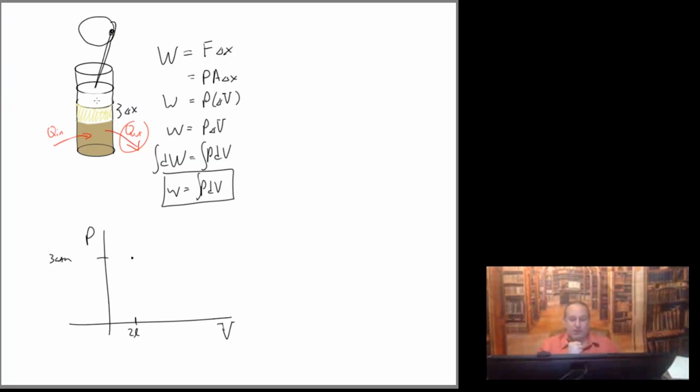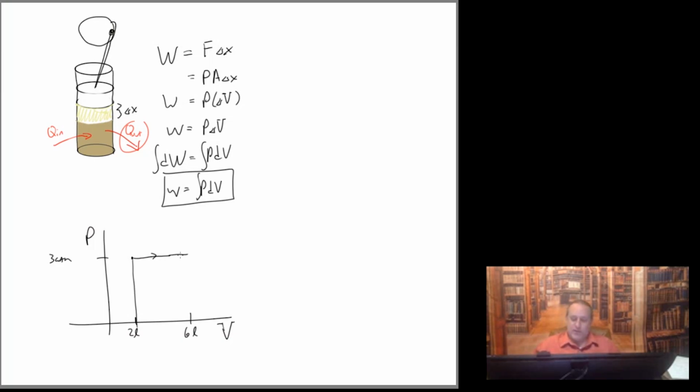We've built up the pressure, and now we release the piston, we let it move, but maybe there's a constant weight just sitting on top of this piston so that there's a certain amount of pressure on the piston. So it's going to expand under that constant pressure up to maybe, let's say, 6 liters. And we want to know how much work it does.